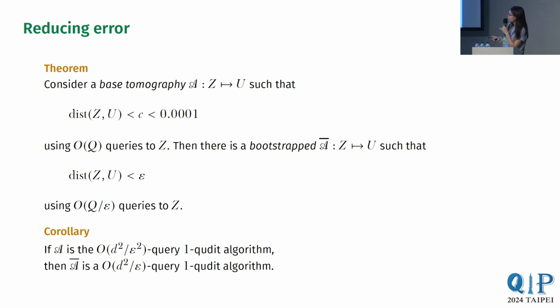And so this theorem, this bootstrapping, will give me an algorithm that gets epsilon good estimates with d squared over epsilon queries. And it'll turn out that if your base algorithm only uses 1 qubit, then so does the bootstrapped algorithm.